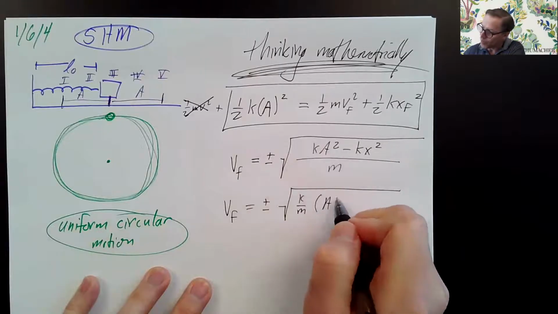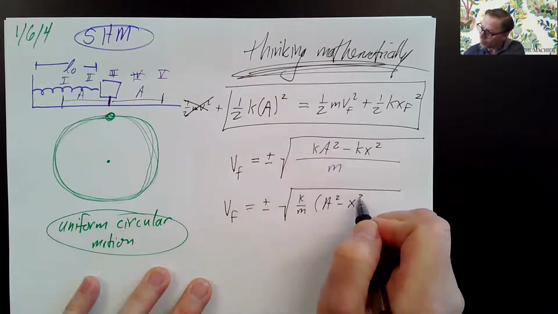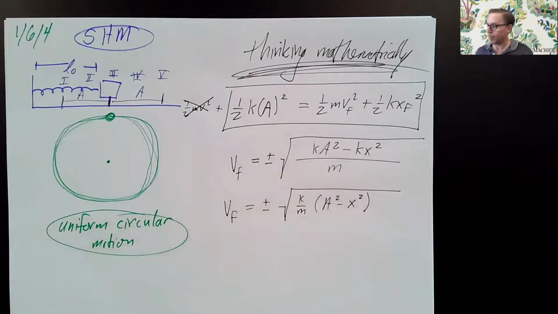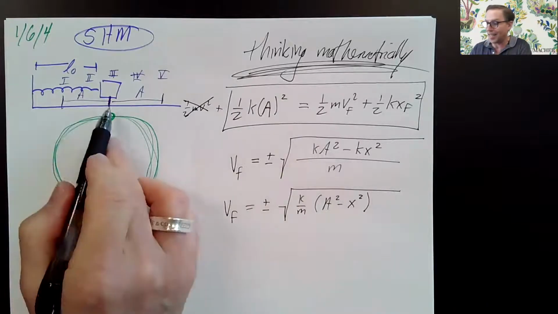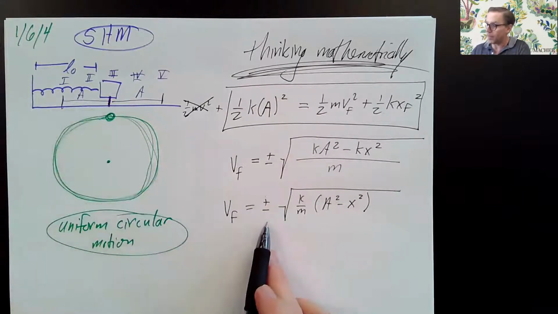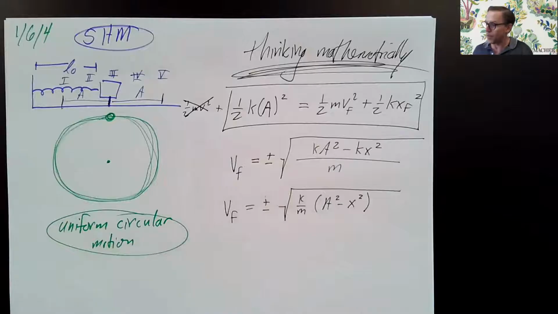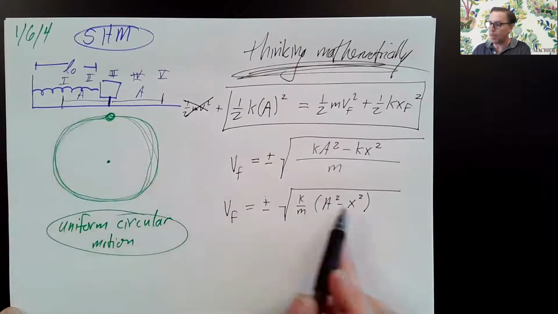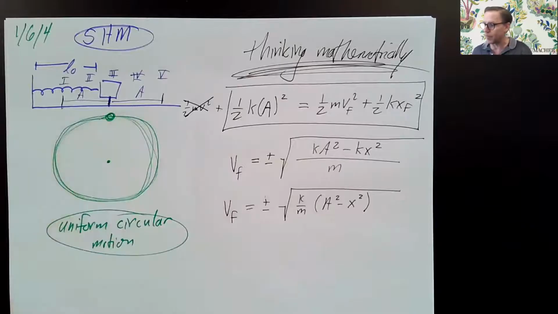And then I have A squared minus x squared. And I think that's how the equation looks in your book. How do you find the speed at some location? Well, it's going to be plus or minus the square root of k over m times A squared minus x squared, A being the maximum displacement and x being whichever location you're interested in.